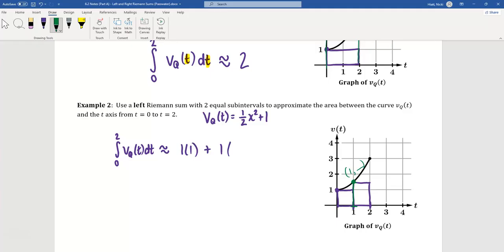Since I gave you the equation, which I guess Mr. Passwater was just wanting you to estimate, but I want the exact number, I could do V sub Q of 1, which would be 1/2 times 1 squared plus 1, and that's going to give me 1.5, which is probably what we would have guessed if we were estimating anyway, but I like to get the exact number. And so this estimate is going to be 1 plus 1.5, so we will get 2.5 for this estimate.